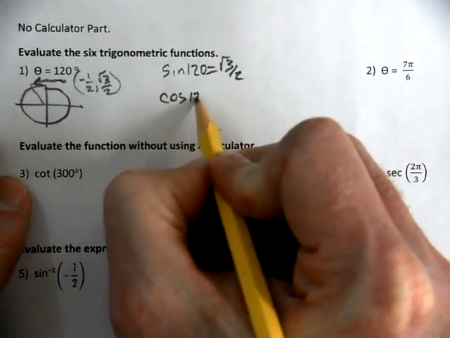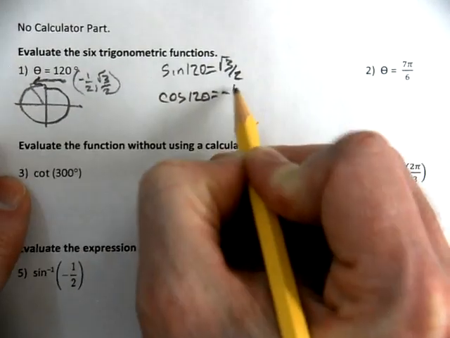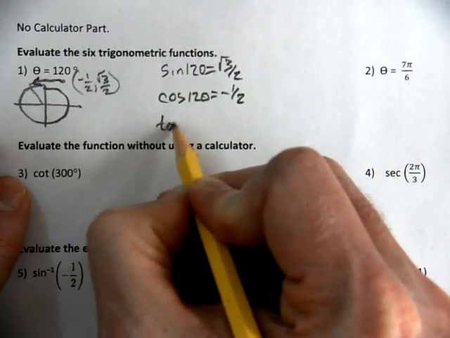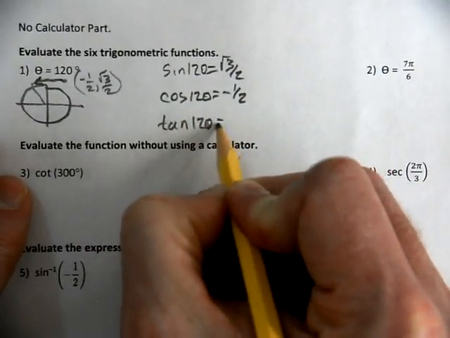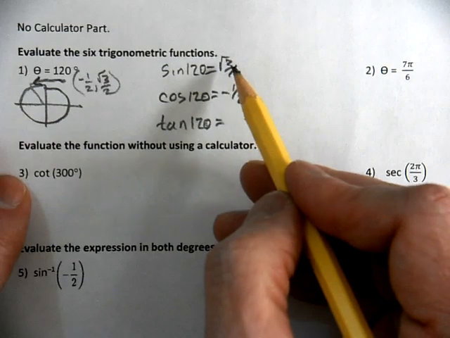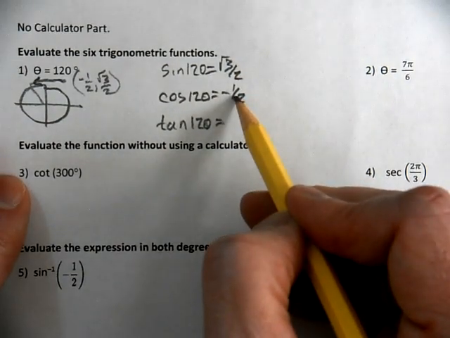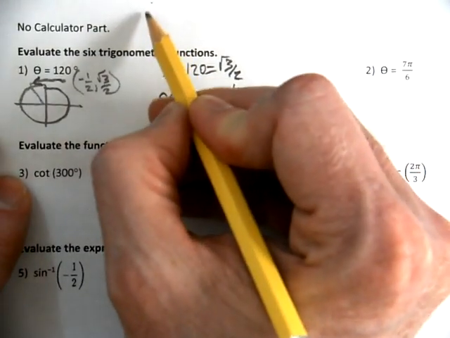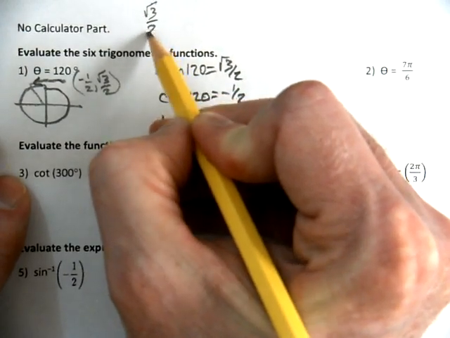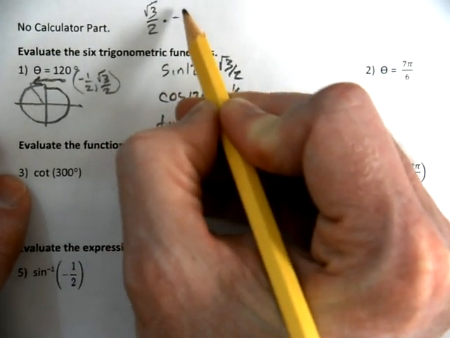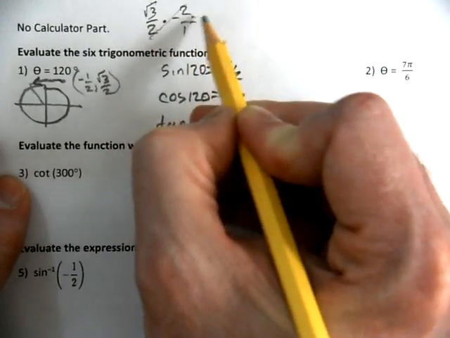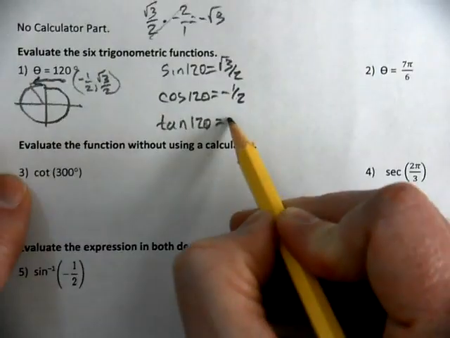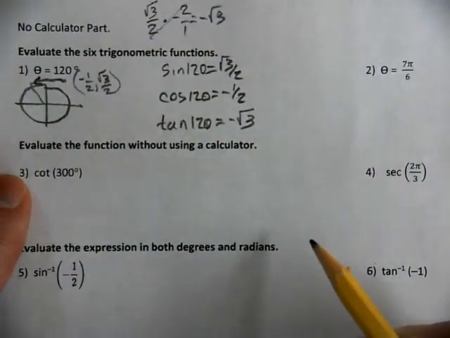Our cosine of 120 is going to be negative a half. Our tangent of 120 is going to be y divided by x. So we multiply by the reciprocal. And that gives us negative root 3.